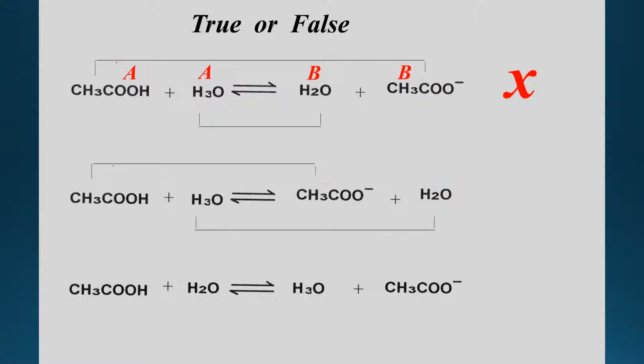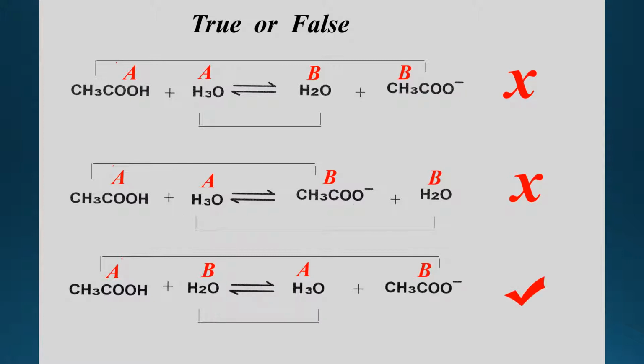Conjugate pair. Extra H means acid. Again, wrong. Last one. Conjugate pair. Extra H means acid. That's correct. Student, this is the way you identify the conjugate pair and whether the equation is correct or not.